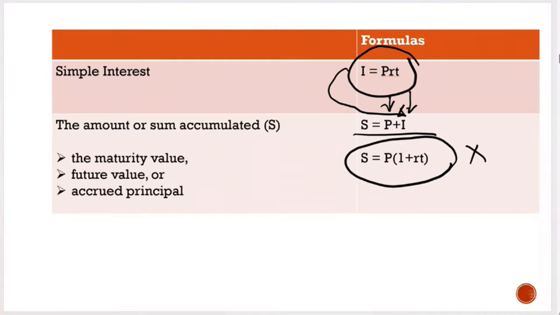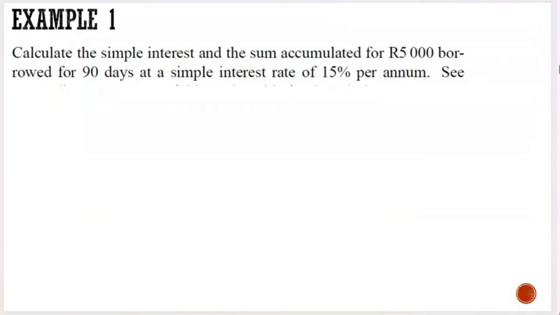So after you have analyzed, you have done what I call a global approach, analyze the question, you know which formula to bring in and use. For example, you've got this question. It is saying you need to calculate the simple interest.